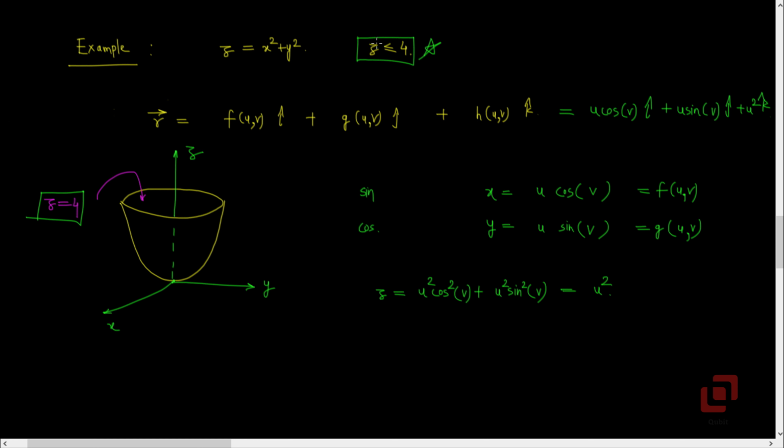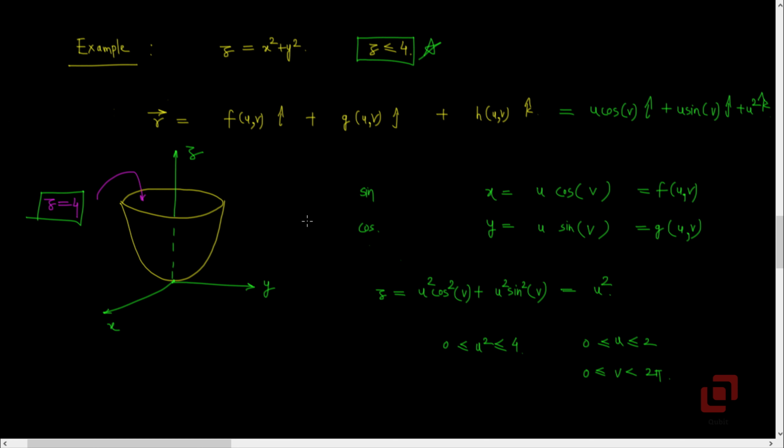The condition z less than or equal to 4 is an indicator that the term u squared always lies between 0 and 4. Therefore, u lies between 0 and 2, as there is no point in taking negative values of u. The permissible values for v will be between 0 and 2 pi.